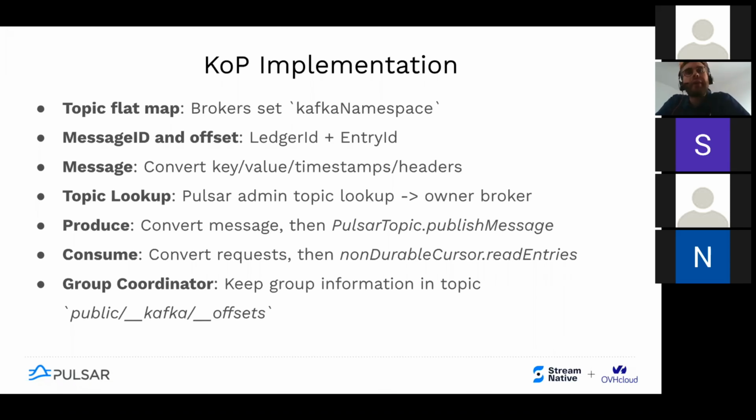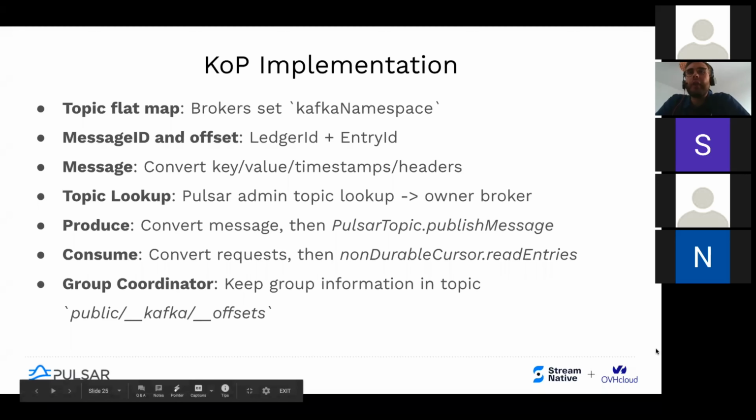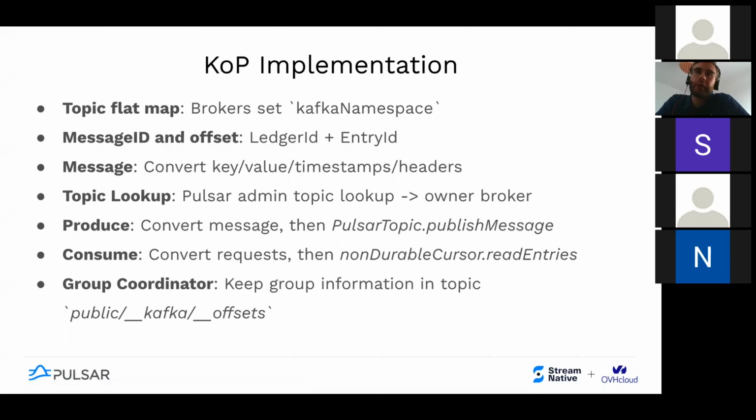When we are receiving a message from Kafka, we are simply converting the structure fields. So we are converting the key, the value, the timestamp, and the headers to Pulsar messages.